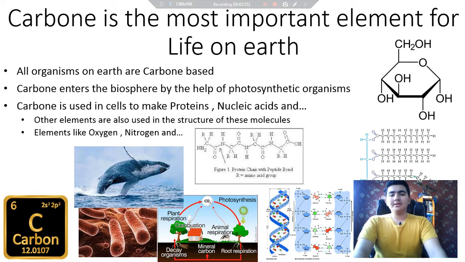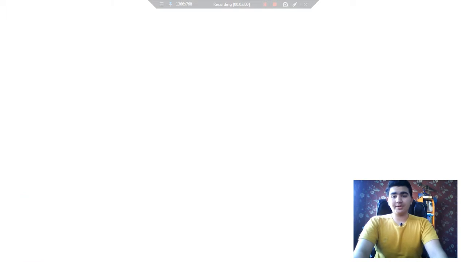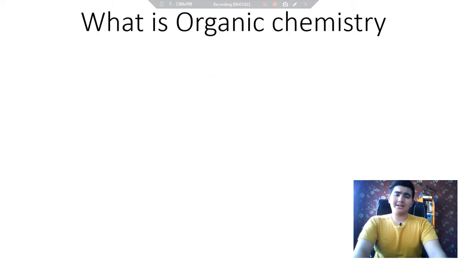Now let's get more in depth and talk about organic chemistry. What is organic chemistry exactly? Let's start with its name. For historical reasons, compounds that contain carbon in their structure are said to be organic molecules. I know this definition is not very accurate, and I will tell you a better definition in a couple of minutes.